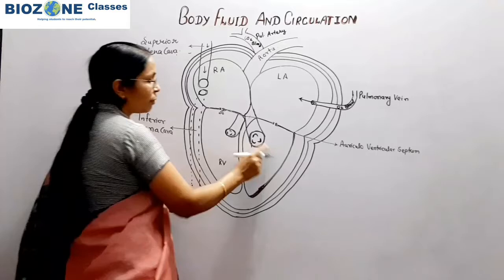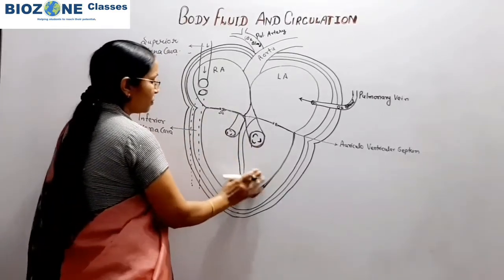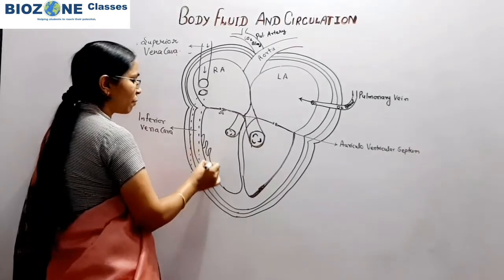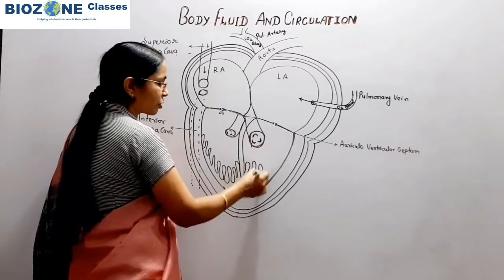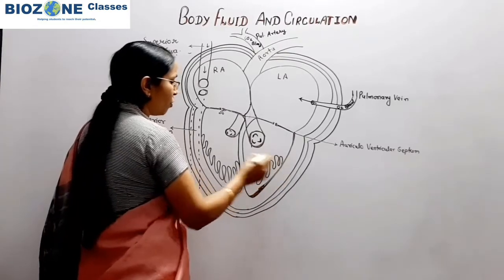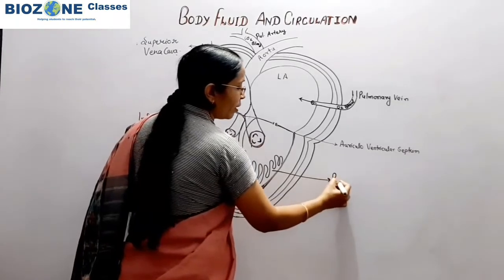Now here you remember, in the ventricle part, papillary muscles are present. This kind of structure appears in the wall of the ventricles. These are called papillary muscles.